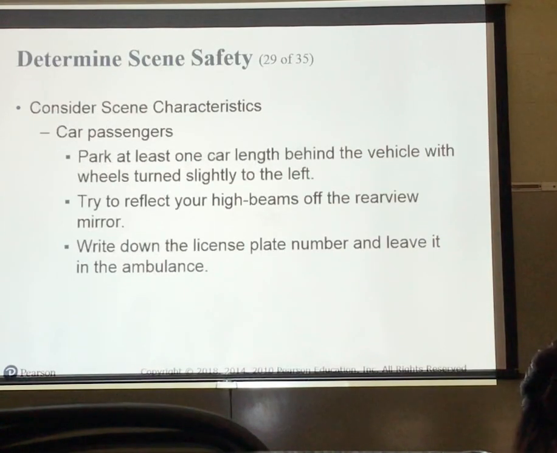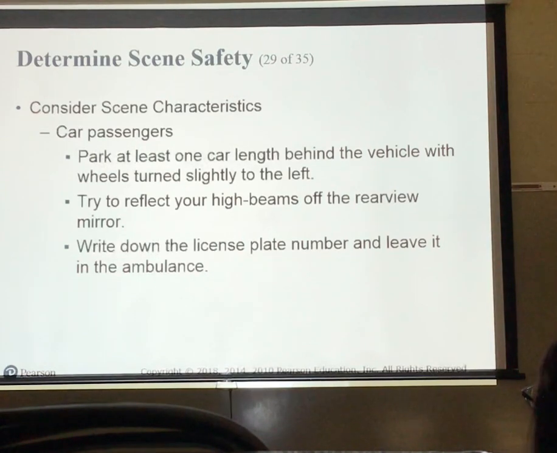Alright, your uniform or the lights on an ambulance may be misinterpreted as the police by vehicle occupants who may be intoxicated or on alcohol and/or drugs. Park your ambulance at least 1 car length behind a vehicle. Park with your wheels turned slightly to the left so that you can back up if you have to.